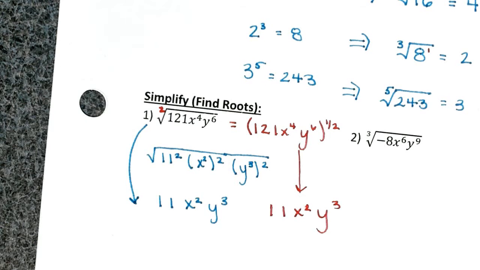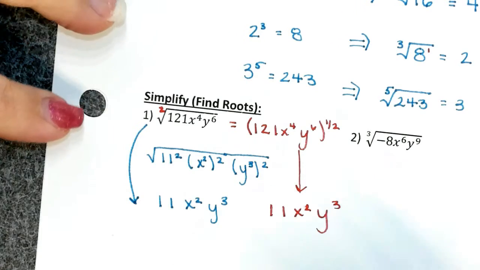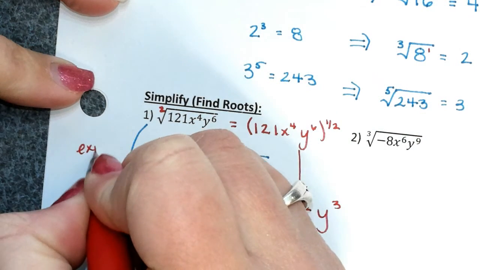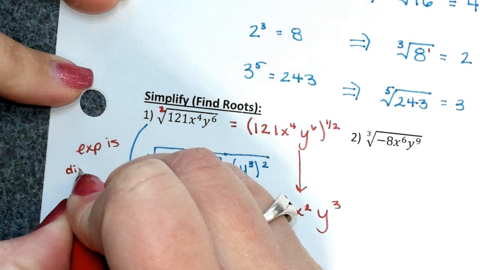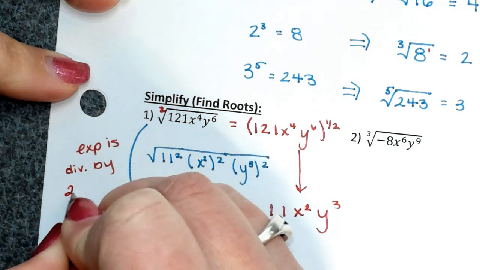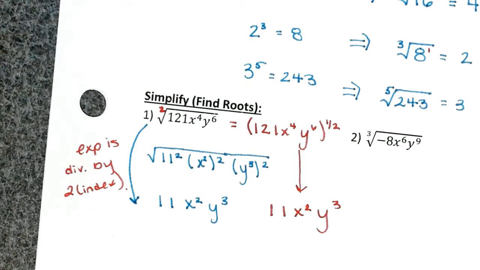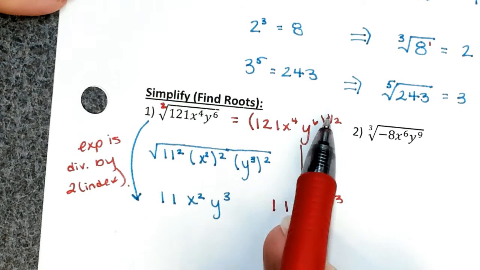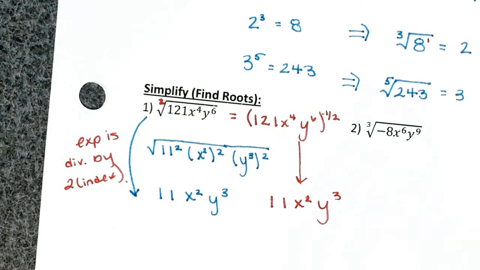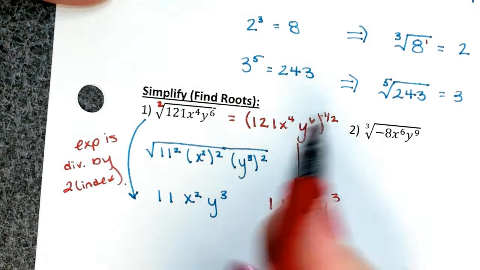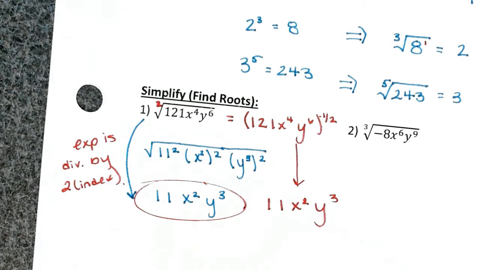They're divided by the index. They're divided by 2. The reason they are divided by 2 is because we're actually multiplying them by 1/2 if you're taking a power to a power. I don't care how you think about this as long as you can get to that to be your final answer. Does that make sense?